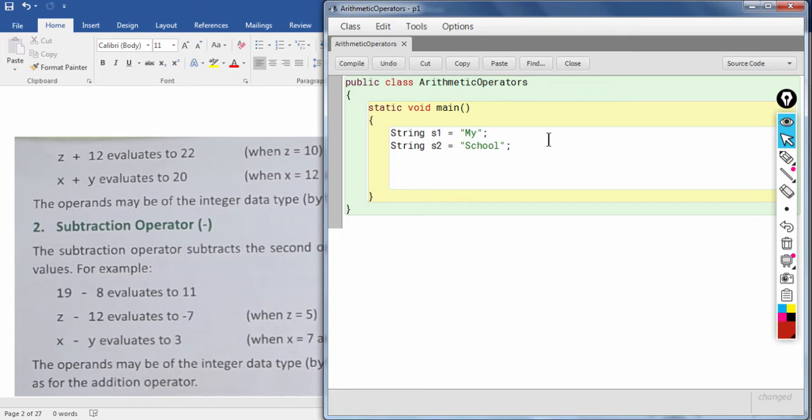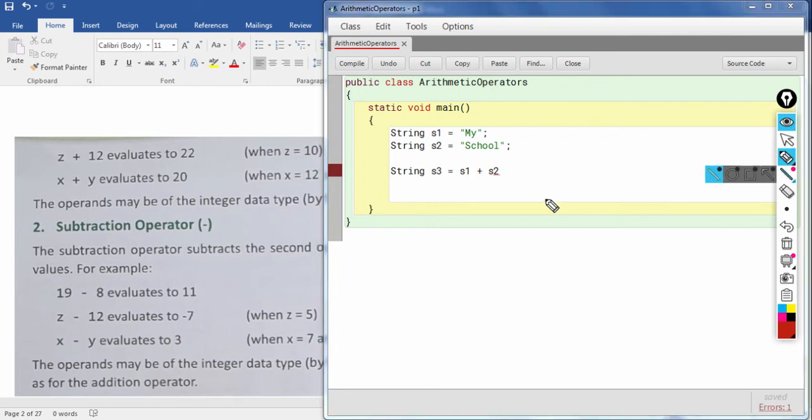So if I make a third string variable and I say s1 plus s2, that means s1 will be replaced by my and s2 will be replaced by school, and they will be joined. So when the operands are strings, the plus will act as a concatenation operator.